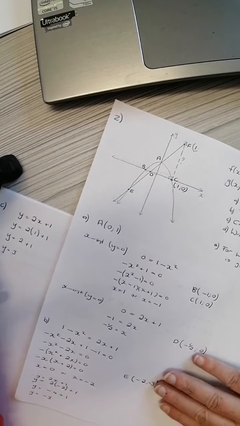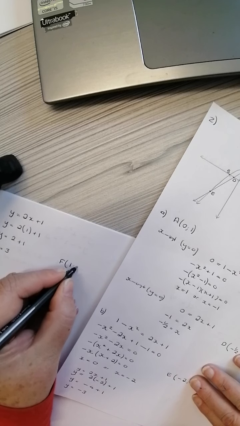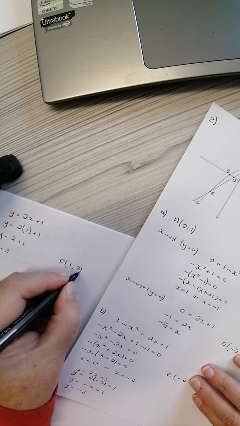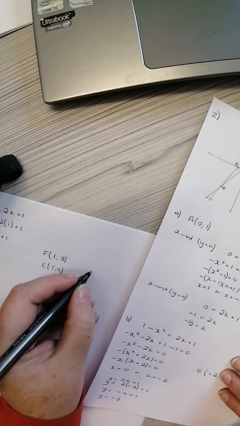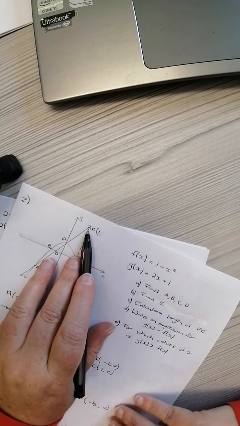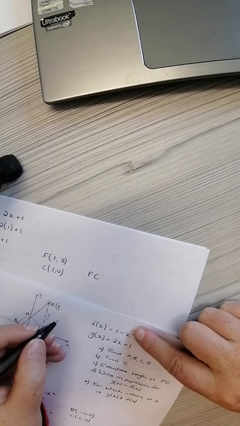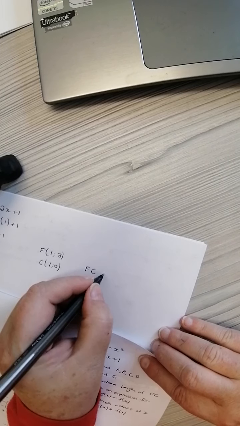Okay. So now F is 1, 3, and C was 1, 0. So FC, the length of FC, from there to there, remember that became 1, 3. So the length of FC is 3 units.